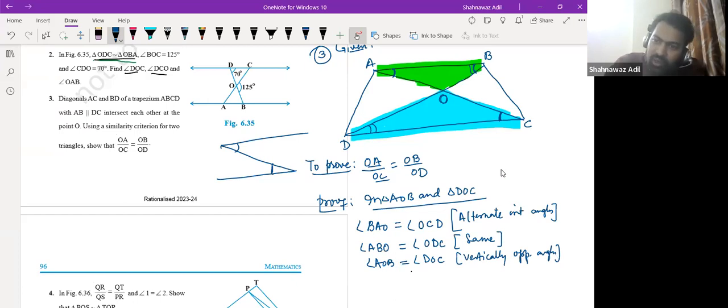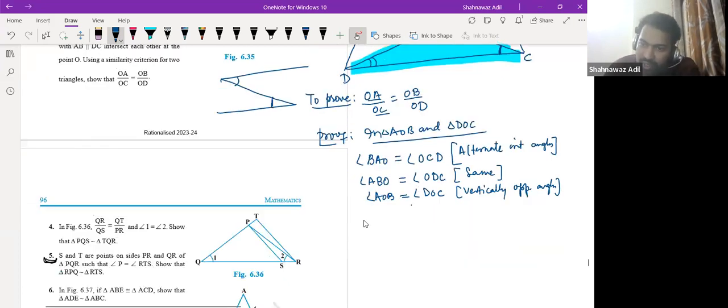So then triangle AOB is similar to triangle DOC by AAA, not SSS, these are angles.